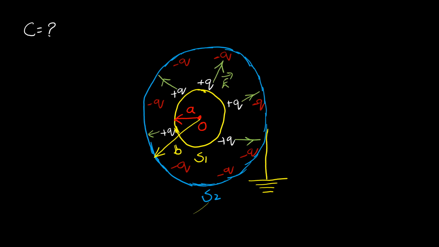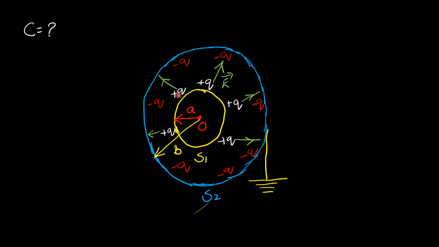In such a case, how can we calculate the capacitance of a capacitor where the electric field lines are produced from the positive charge and go toward the exterior sphere S2? The electric field lines are non-uniform, so how can we calculate the capacitance of a capacitor where the charges are stored on the interior sphere?